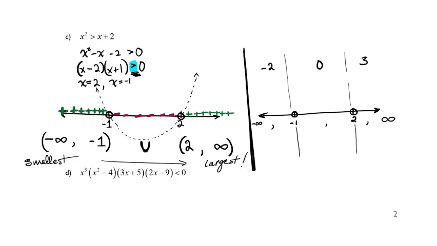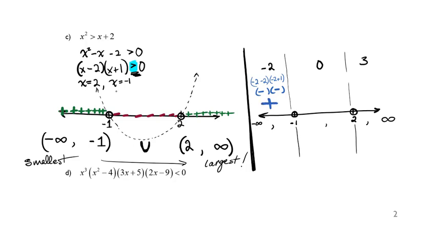Doing a substitution into my polynomial, I will have negative 2 minus 2 times negative 2 plus 1. If I look at the signs on that, I will get a negative times a negative, which is a positive overall product.